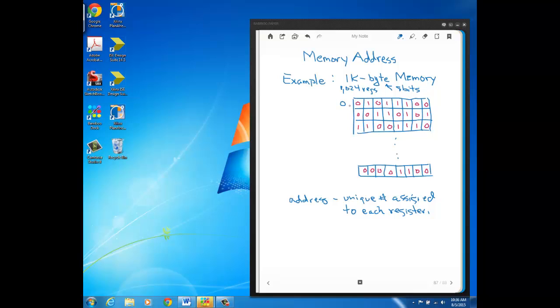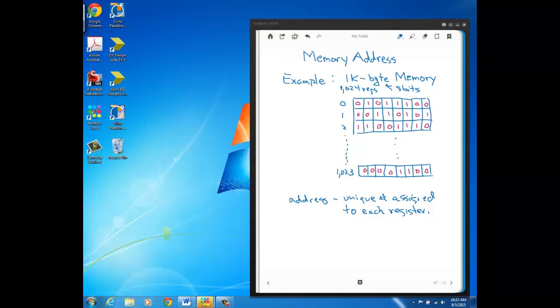So this first register will have address 0, and then we just go 1, 2, and this is going to go all the way up to the 1024th register. Well, since we started with an address of 0, the address of the 1024th register would be 1023. Okay, it's going to be one less than this number here because we started with an address of 0.